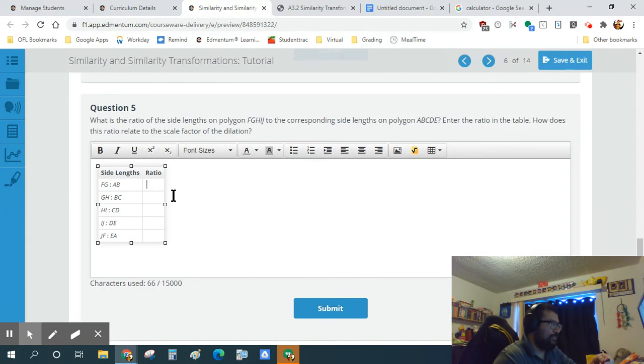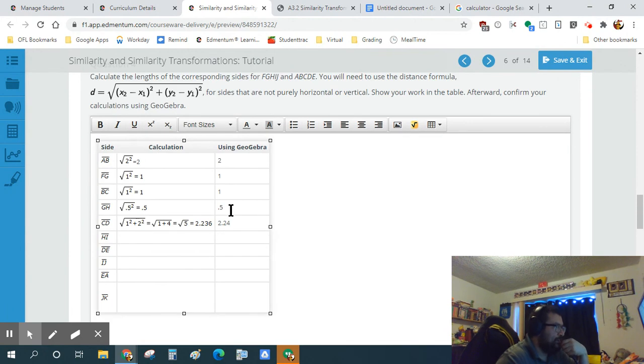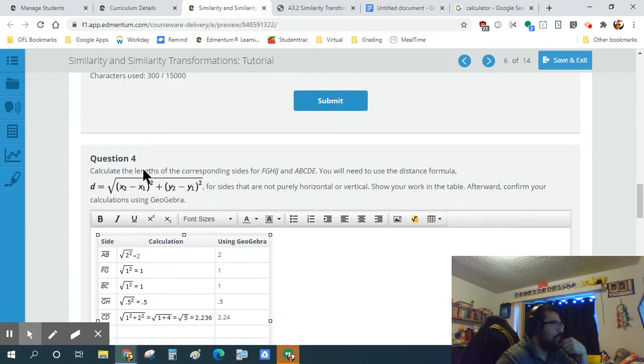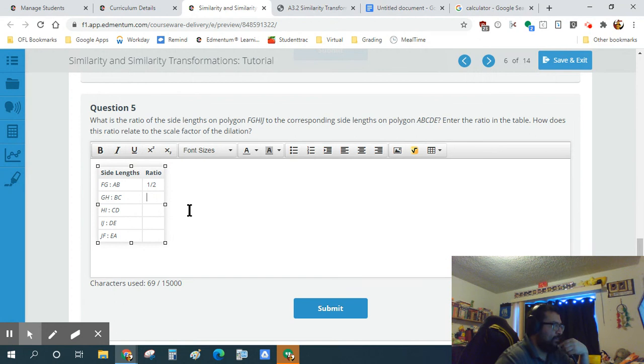So we're going to do this 1 over 2. Then we're going to do the GH and BC. So GH, so 0.5 over BC. BC was 1. So in other words, 0.5 divided by 1, well, that's just 0.5. That's also 1/2, in other words.